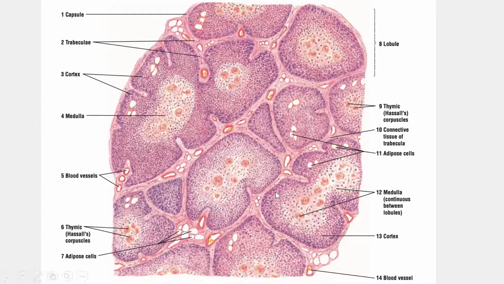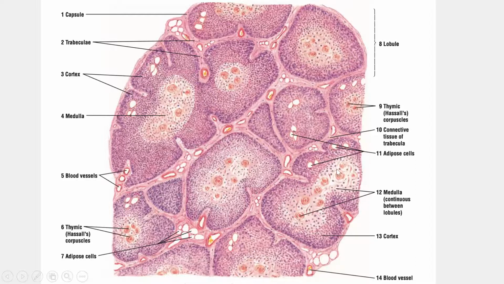The lymphoblasts come to the cortex, and they start to become mature. If they become mature, they come to the medulla. If they can't mature, they die in the cortex. About 2% of the lymphoblasts become mature and enter the medulla. After the medulla, they can go to the lymphatic structures and start to defend our body.